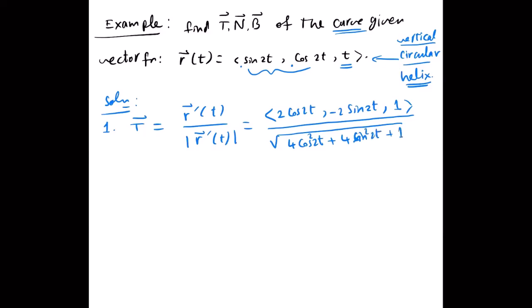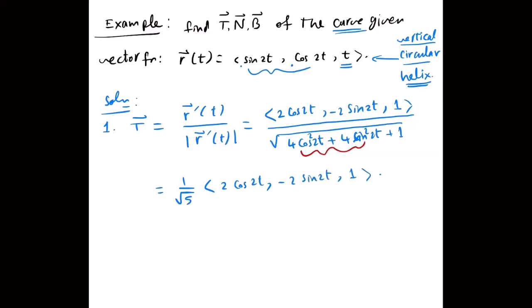This is simplified by the famous trigonometric identity, sine square theta plus cosine square theta gives you 1. So we get 4 plus 1, which gives root 5. So T is 1 over root 5 times the vector 2 cosine 2t, negative 2 sine 2t, and 1.